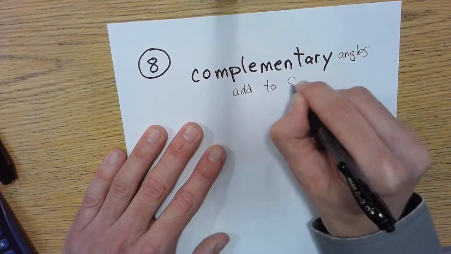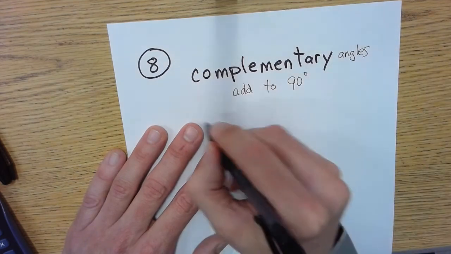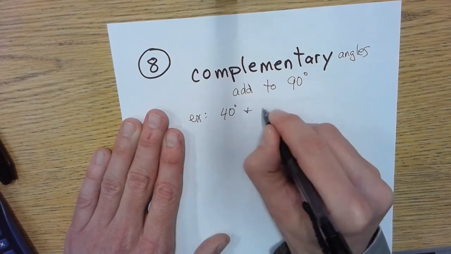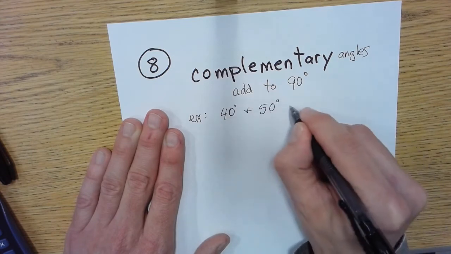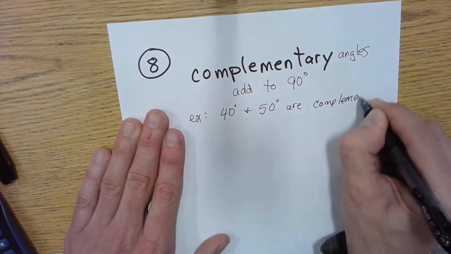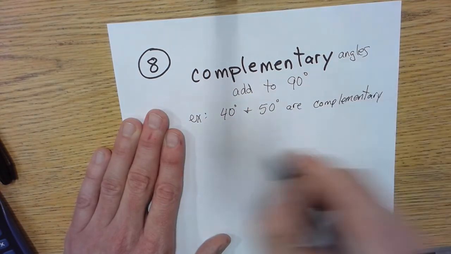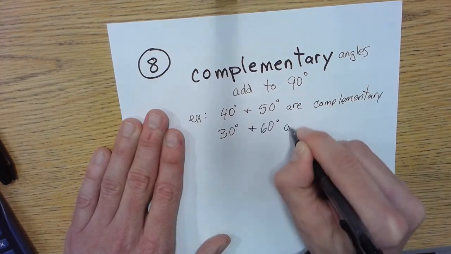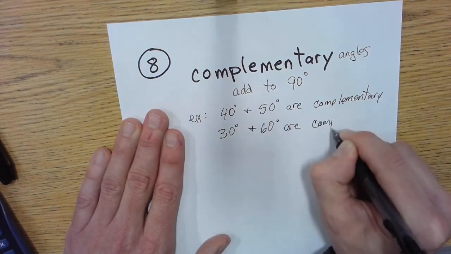That just means they add to 90 degrees. So some examples, 40 and 50 degrees. Those are complements. We looked at launches at 30 and 60. Those are also considered complementary.